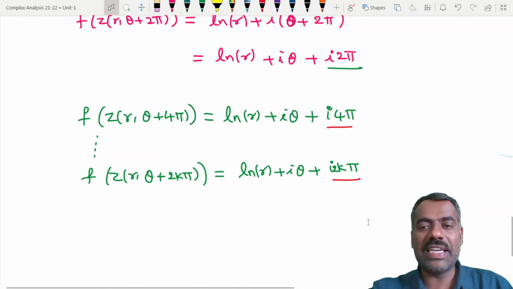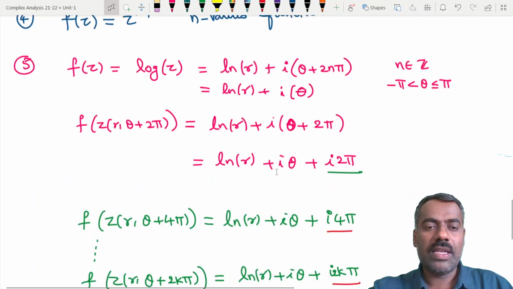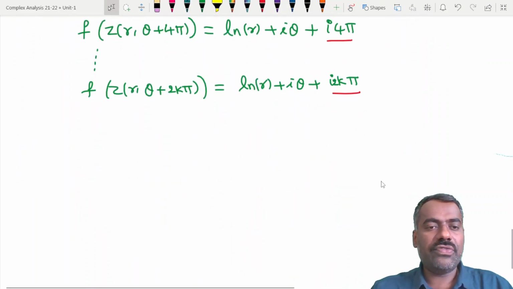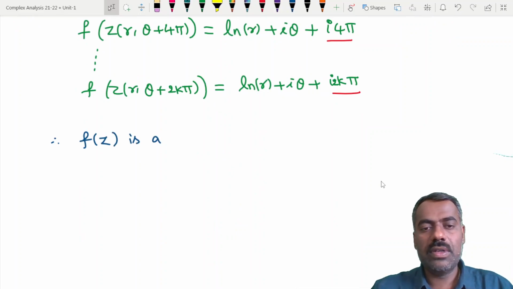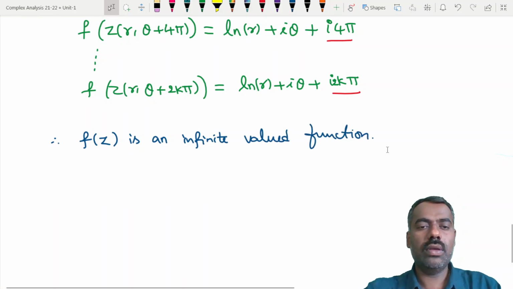That means it takes infinitely many values. Is this clear? So we have seen a finite n-valued multi-valued function. This log z, therefore this f of z, is a multi-valued function which takes infinitely many values. Is this clear? So it is an infinite valued function, right? Any problem?